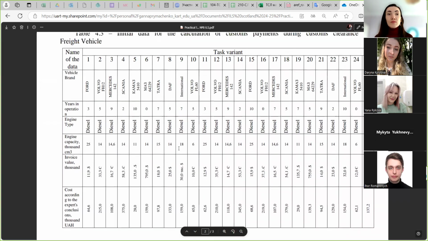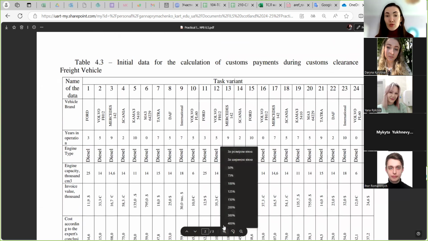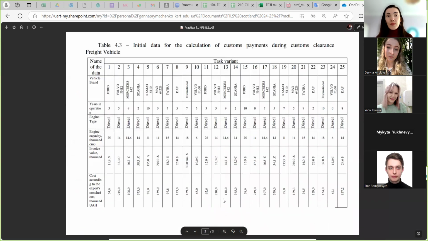Open our table. Maybe I do it all the same. Oh, we can see your variant, and the last line of our table, it is cost according to the expert's calculation 1000 hryvnias, but we need to use in our formulas in hryvnias. So find how many cost you need for these parameters and also multiply by 1000, or write already for these parameters.